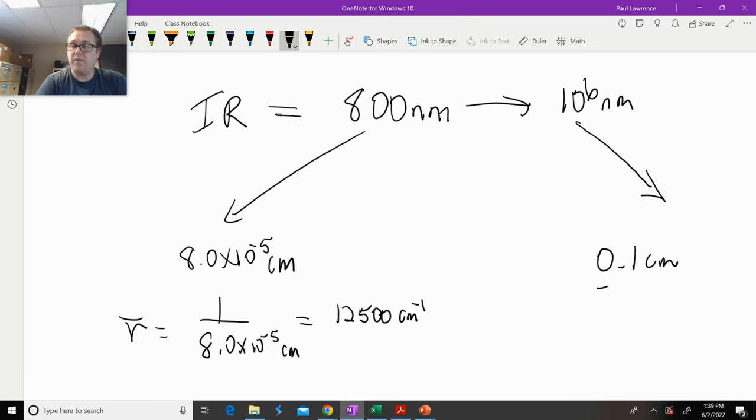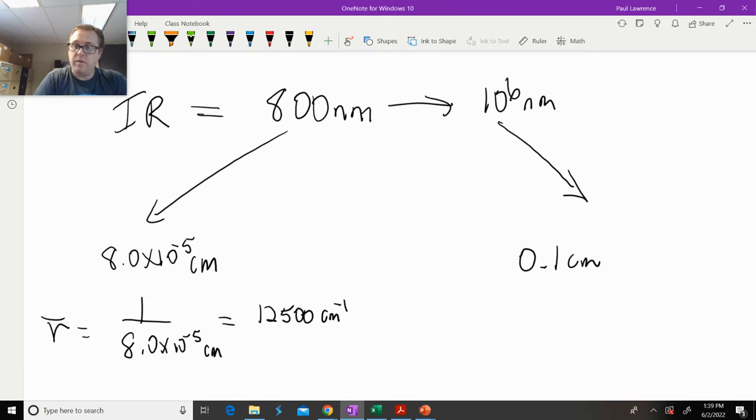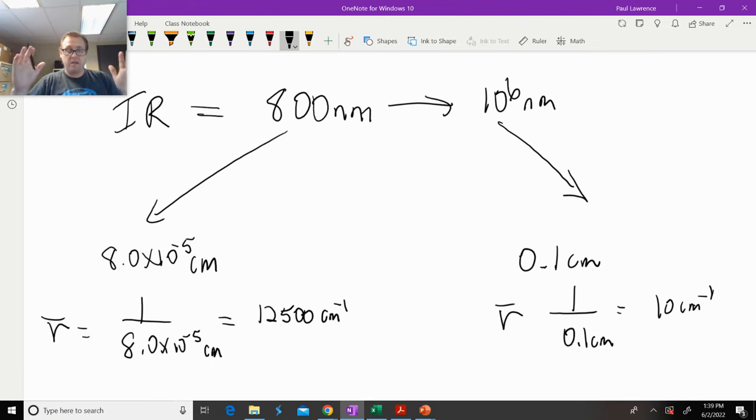And if we do the same for this calculation here, we would get 1 over 0.1 centimeter, and that's going to equal 10 inverse centimeters. So that's the range of IR in terms of wave numbers.